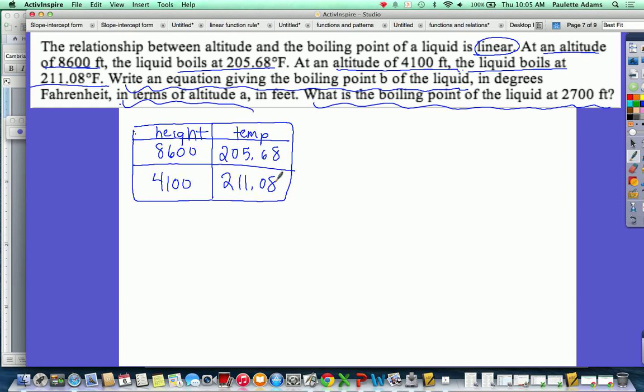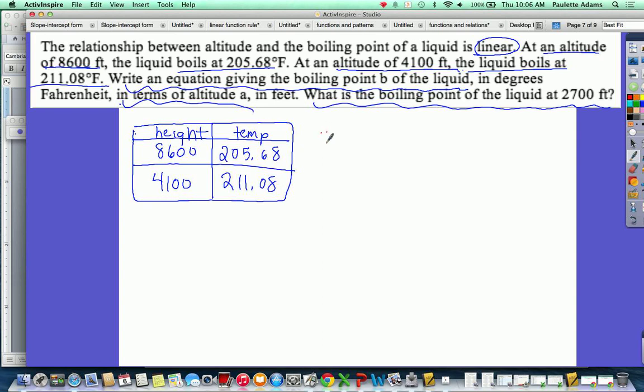So let's talk about this. Is height going up or down? Down. Is temperature going up or down? Up. If one's going up and one's going down, what type of slope is this going to be? Negative slope. Automatically, we know this is negative. How are we going to find the exact slope? That's right, we're going to use the slope formula.